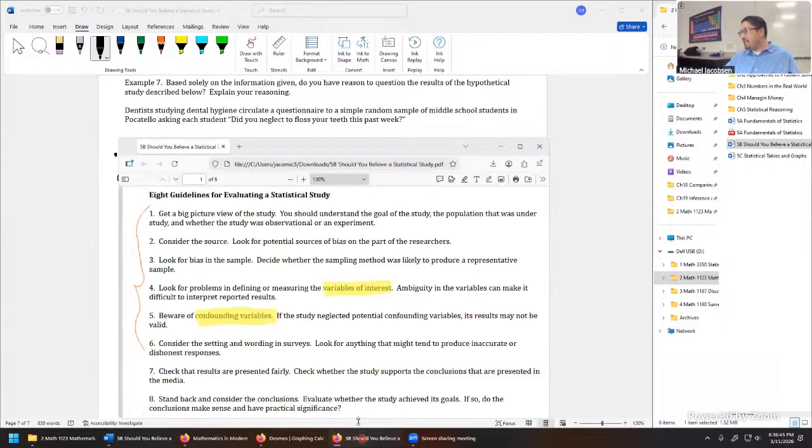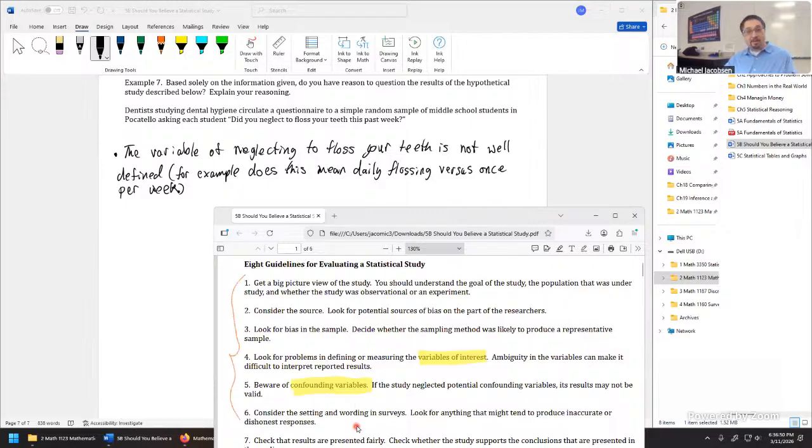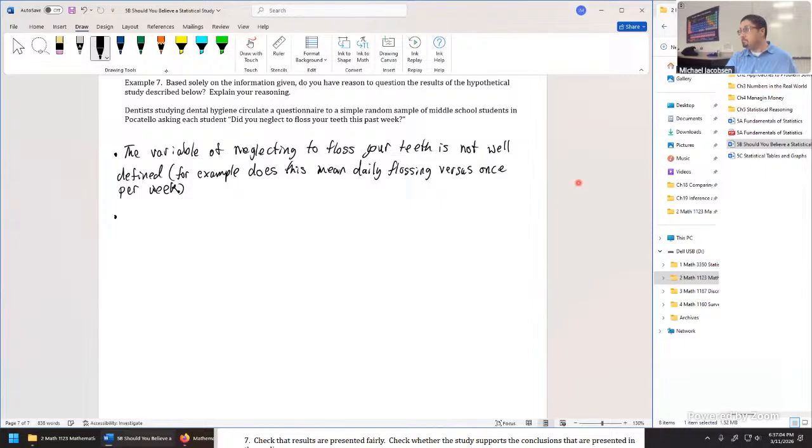Again, middle schoolers are sensitive to that kind of thing, so it'd be embarrassing to say yes in the first place. And that's kind of going back to the wording in the survey, which is not great for this. They could have rephrased this better. How many times did you floss your teeth in the last 7 days? Something like that would have made a lot more sense. So going with what Echo said, the students are going to mostly, there might be a couple bold ones that say, no, I didn't, and they're just taking a stand on that.